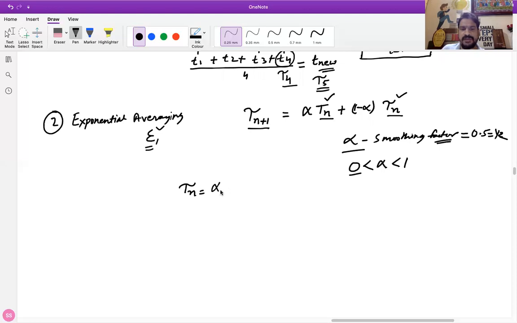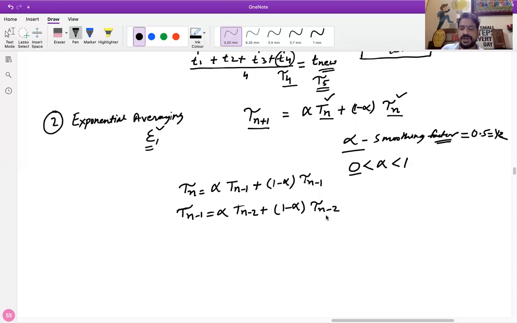We can calculate with alpha into actual time of n minus 1 plus 1 minus alpha tau of n minus 1. So tau will tell you the predicted time. Let's say if you want to calculate tau of n minus 1, it will be equal to alpha t of n minus 2 plus 1 minus alpha tau of n minus 2.